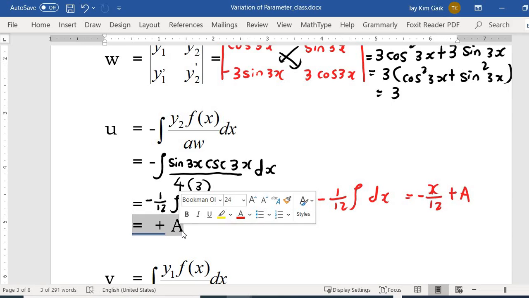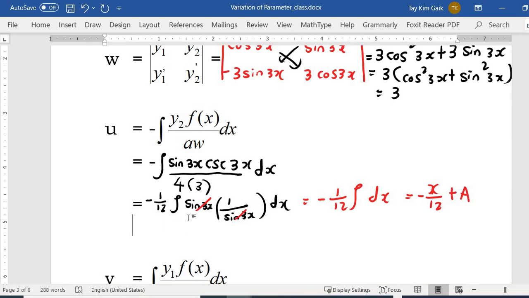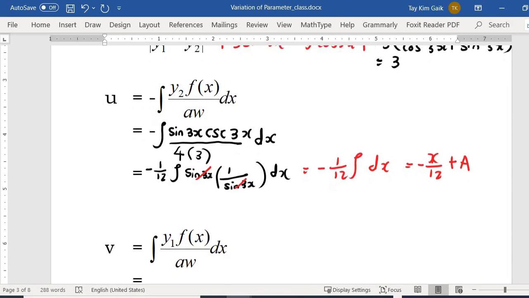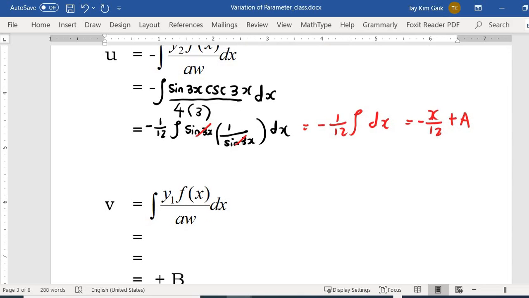So basically, variation of parameter is not that tedious, but you may face a difficult integral. It's not that tedious compared to undetermined coefficients. Just maybe you have difficulty doing the integration. So you get the u already, which is negative x over 12 plus a.